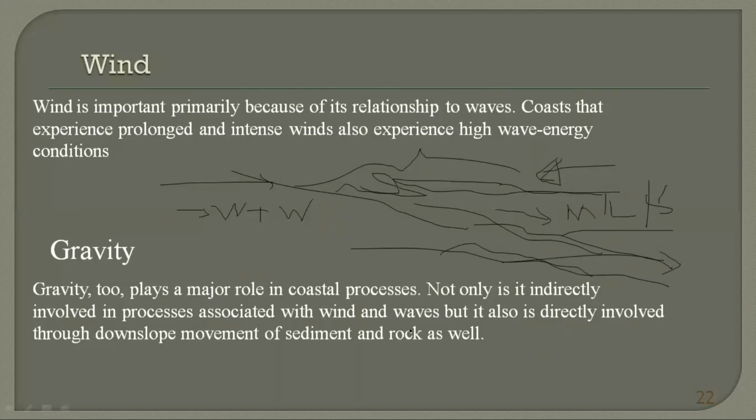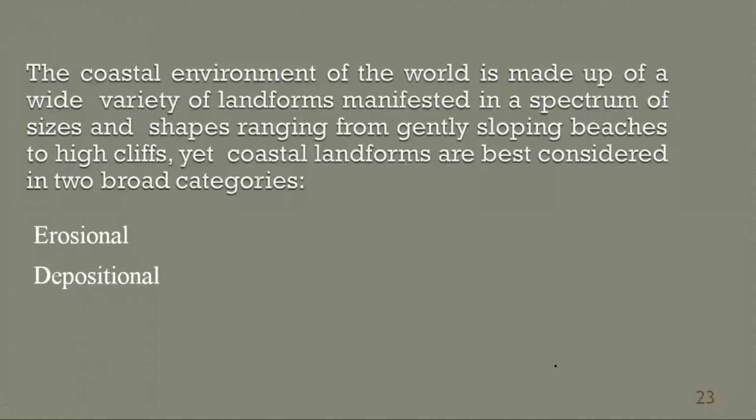Similarly, along the coastal regions where we have cliffs, or certain features located upslope, sometimes gravity plays its role in terms of erosion and deformation. This is one of the important factors, and a combination of these factors will result in the formation of one of these coasts.